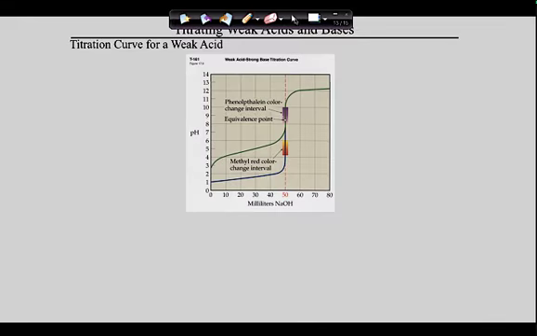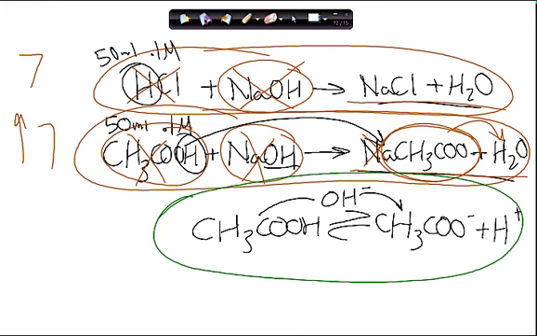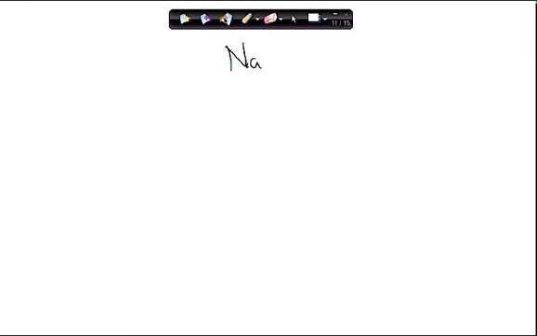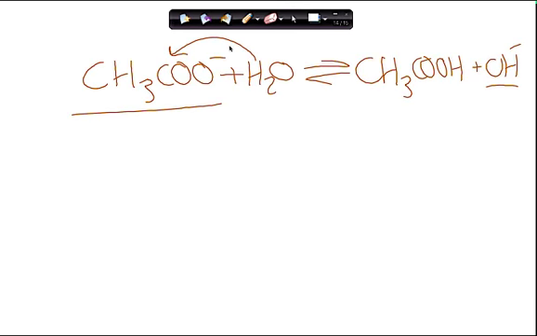Now guys, maybe the hardest calculation that you'll do in this class all year: how do you figure out the pH at equivalence? At equivalence, what we've got to do is the icebox that allows us to study the ion in the salt that's attacking the water.